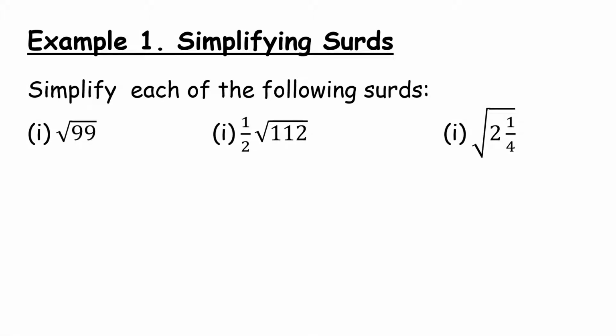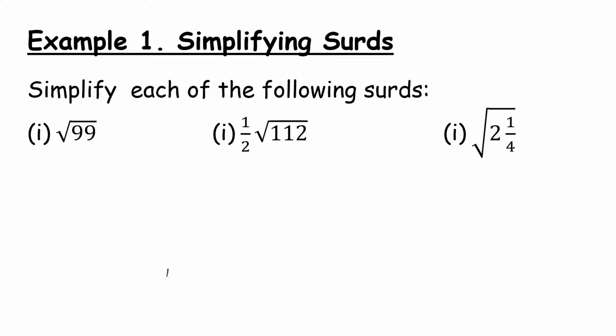Okay, so simplify each of the following. The method that we use to simplify surds is we're going to try and see, is there a perfect square that will divide into the number? So think of your perfect squares. We have 1, 4, 9, 16, 25, and so on.